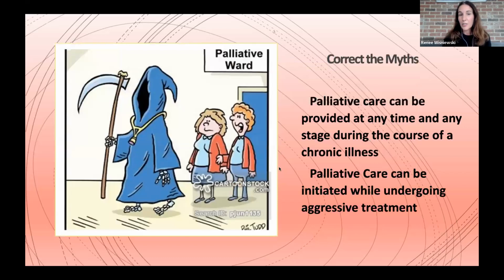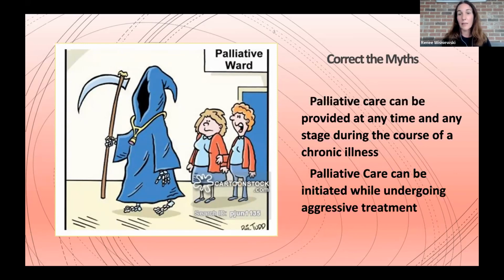In the cancer center and the culture that I practice in, palliative care is often associated with death or end of life, and often is synonymous with hospice. We do a lot of work to try to dispel that myth and inform and educate patients and providers that palliative care can be provided at any time and any stage during the course of a chronic illness.